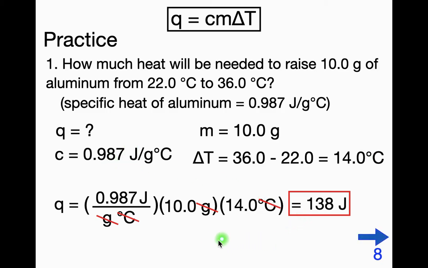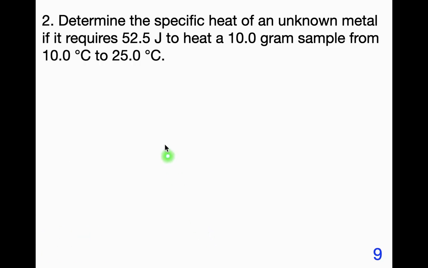Let's try another one. Determine the specific heat of an unknown metal if it requires 52.5 joules of heat to heat a 10-gram sample from 10 degrees Celsius to 25 degrees Celsius. Okay, so let's again take our word problem and summarize it using the variables from the heat transfer equation.